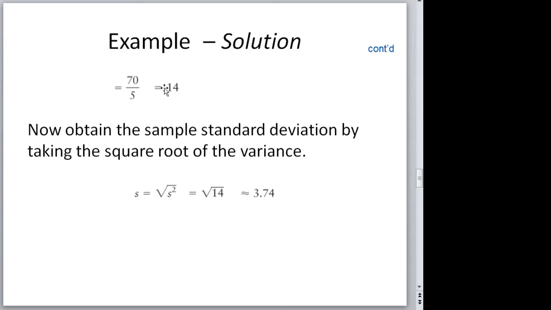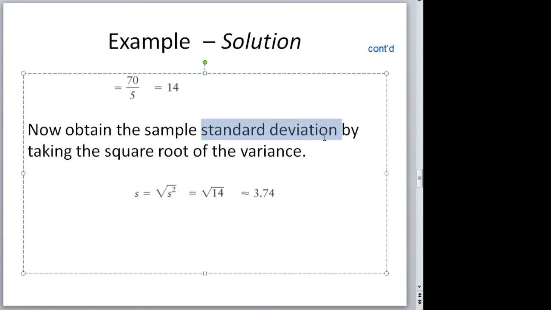So what is this 14? 14 is our variance value. Once you get 14, then what do we do? We take the square root of that, which is the square root of 14, to get the standard deviation, right?